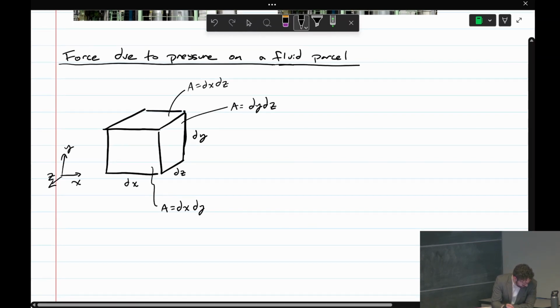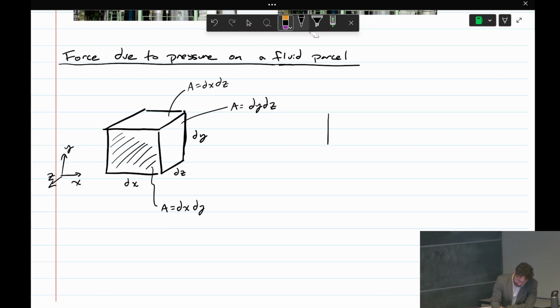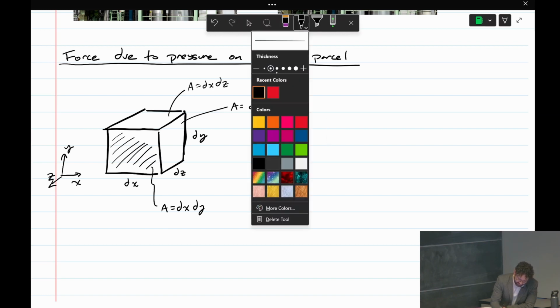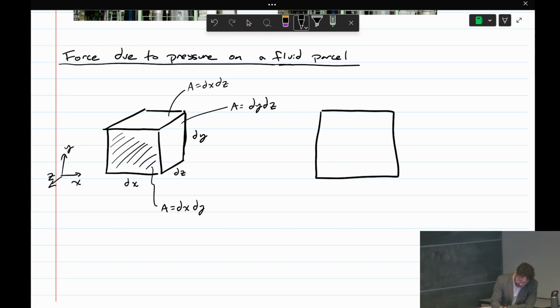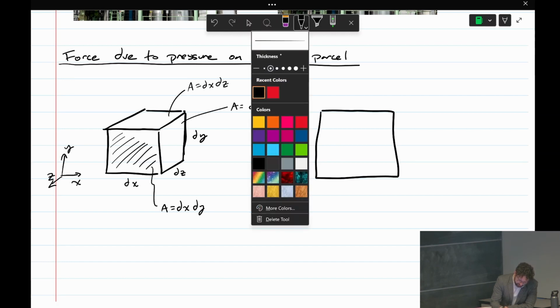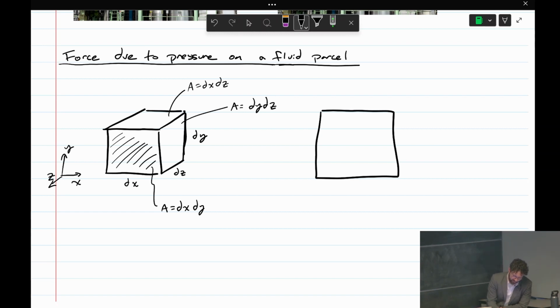I'm going to consider looking down the z-axis at this surface here. We're going to analyze in detail this surface, and then we'll see how that extends to the others. Consider this one surface of the cube. At the top we have that top face of this cube.